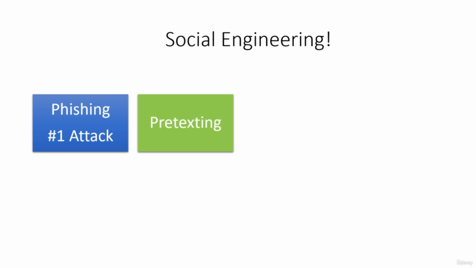You say you are calling from a corporation or from computer support, or that this is an email from a friend who is in trouble. They are traveling somewhere and need money because they weren't able to pay their hotel bill, or they got arrested and need access to a lawyer. There are a lot of pretexts that people use both online and in the real world, including on our phones.